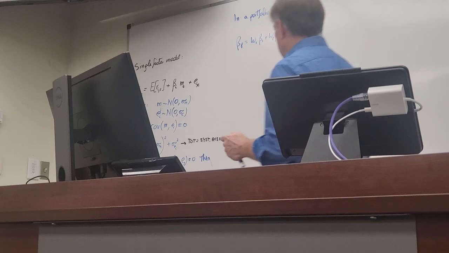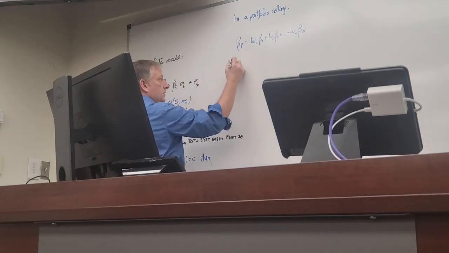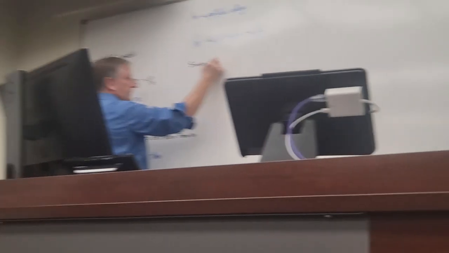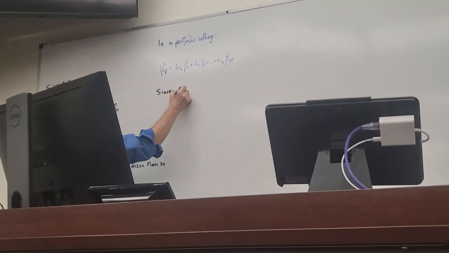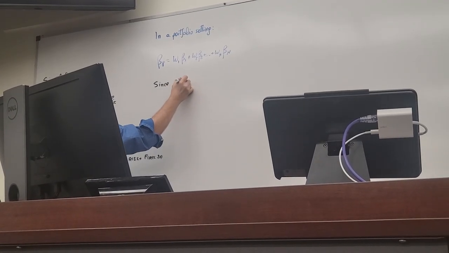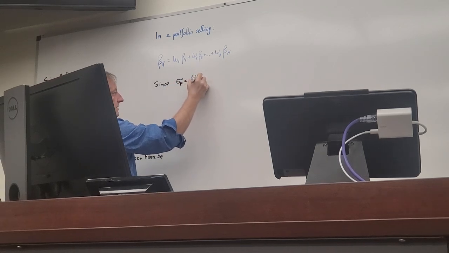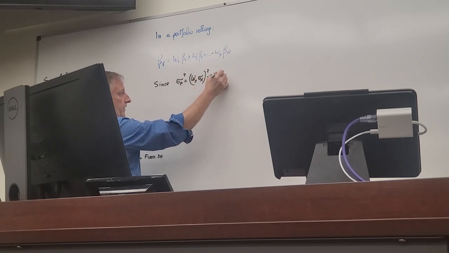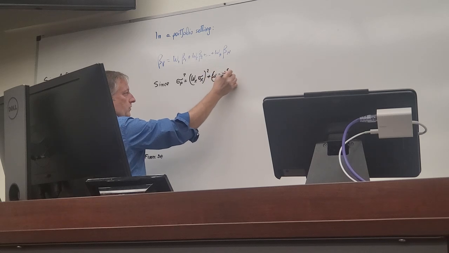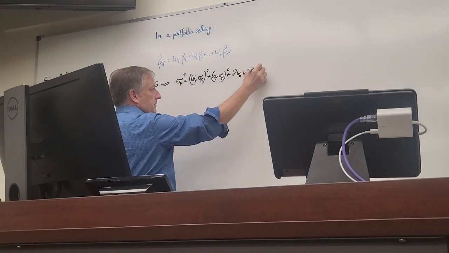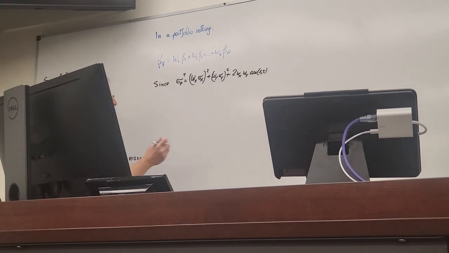We also said, since sigma p, the risk of a portfolio, can be written as weight of x, risk of x, squared, plus weight of y, risk of y, squared, plus twice weight of x, weight of y, covariance xy.